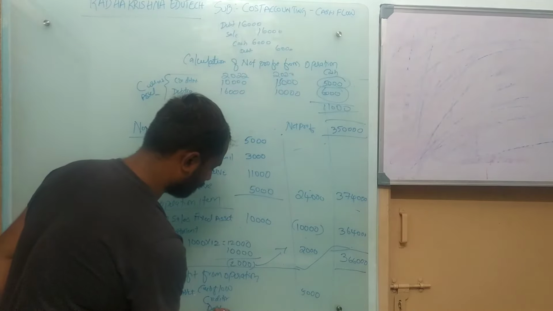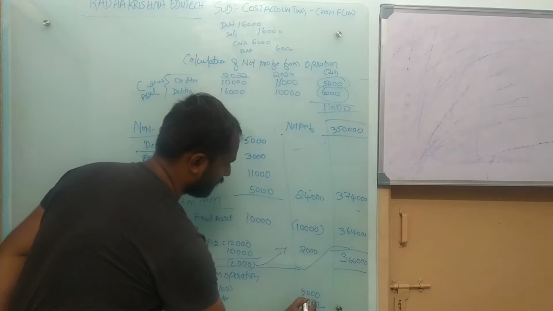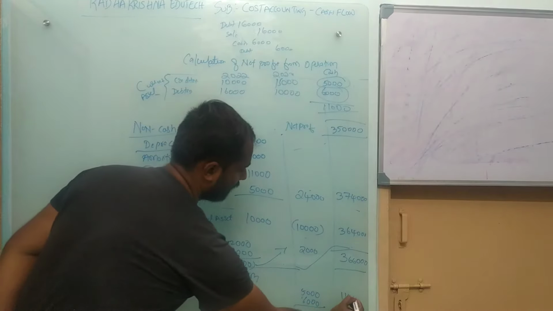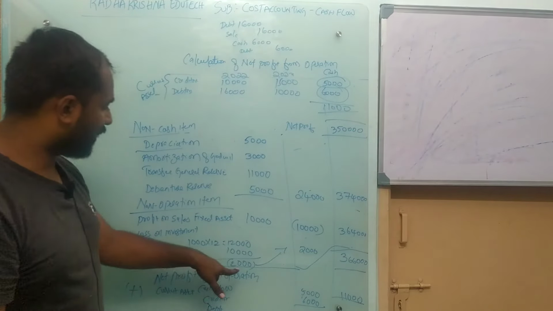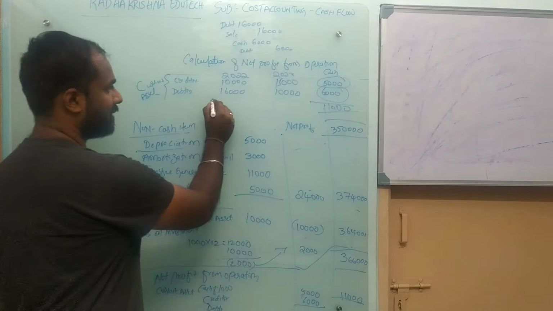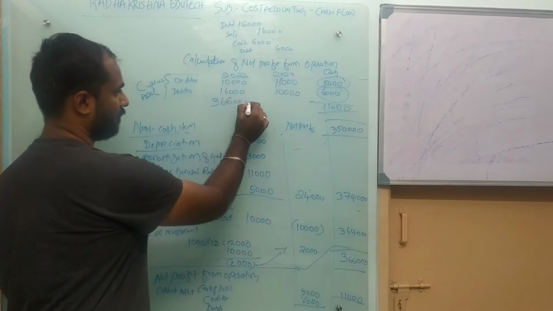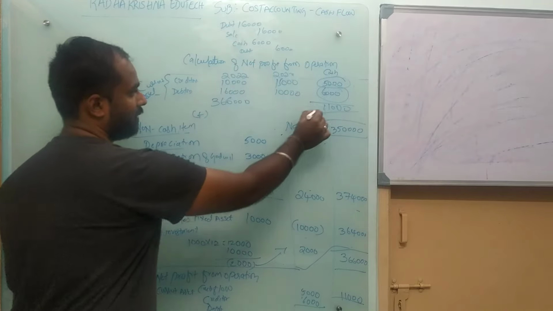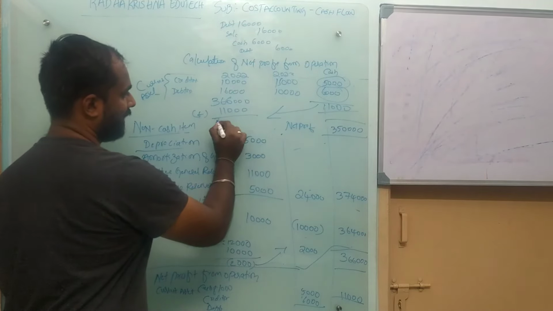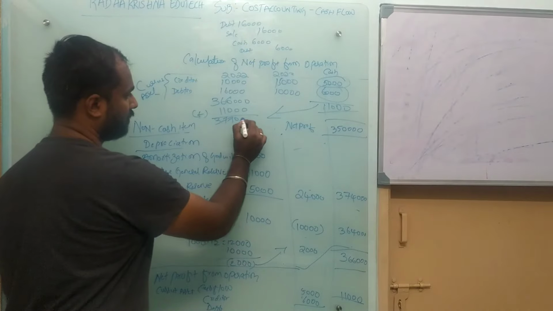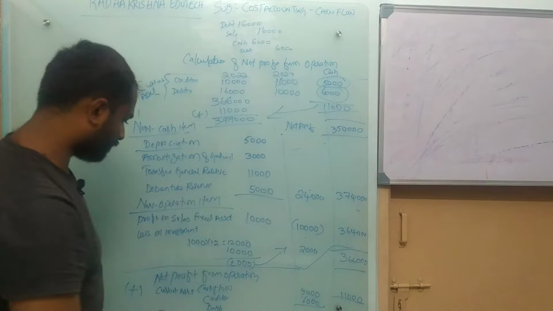Debtors I'll show 6,000. Put together I have 11,000. So my total balance from net profit from operation is 3,66,000, right? Plus this 11,000. So 3,77,000.